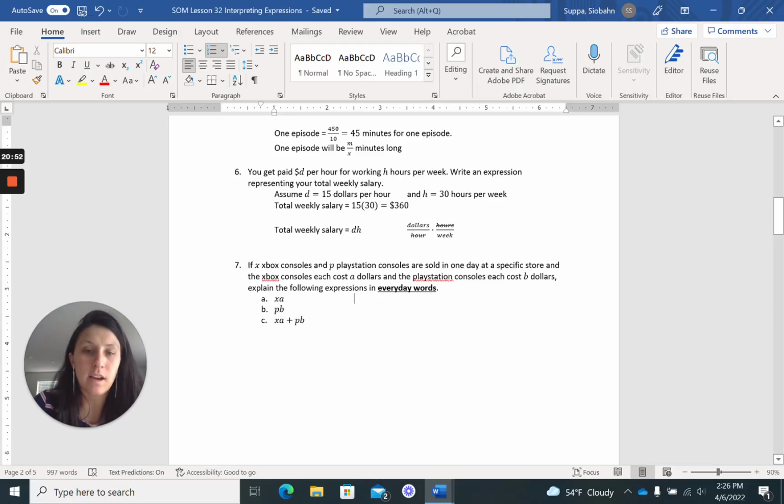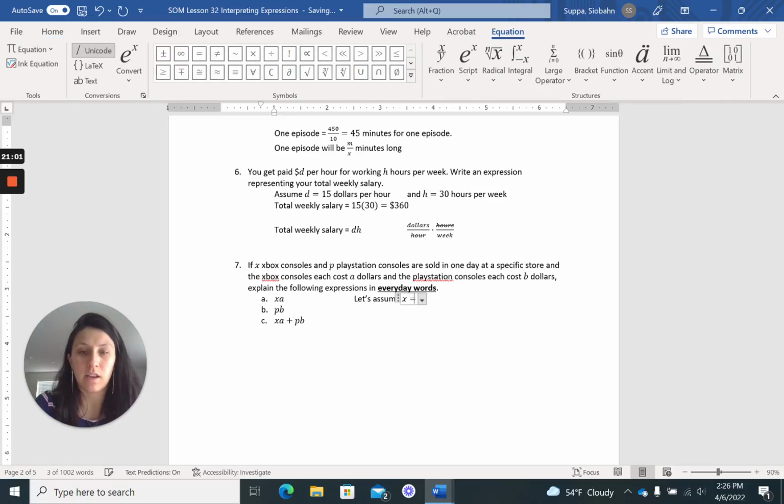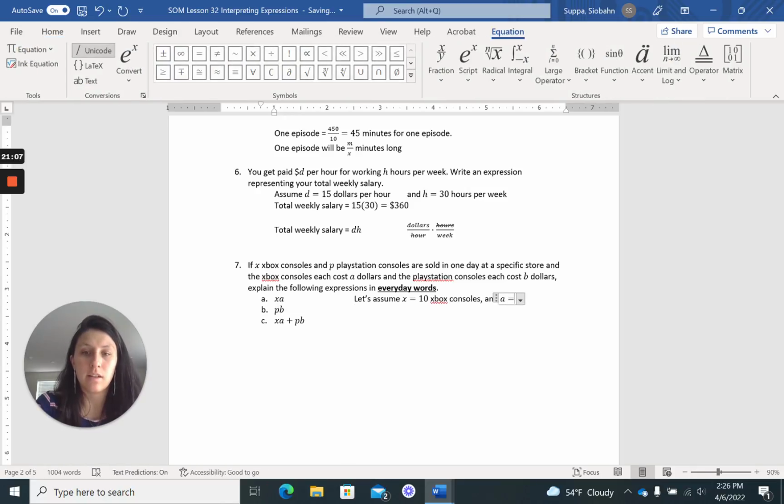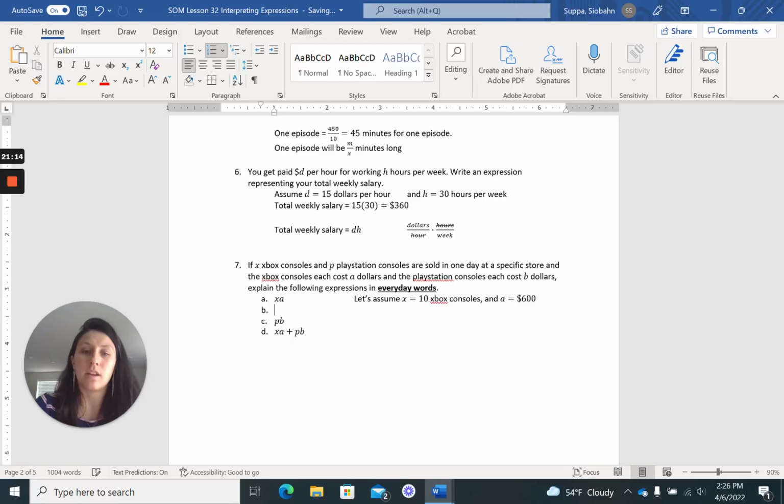So X times A. Well, there's X Xbox consoles, so let's assume that there are, I don't know, 10 Xbox consoles. And let's assume that A, that's the cost of each one. Xboxes are expensive right now, so we'll go with $600. So that A equals $600. Oh, and this is Xbox consoles sold in one day.